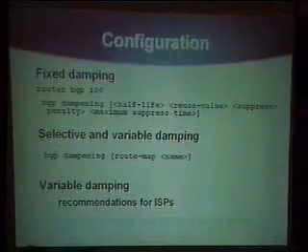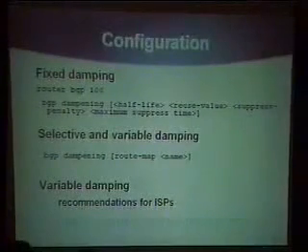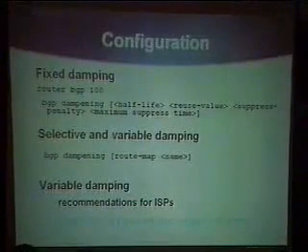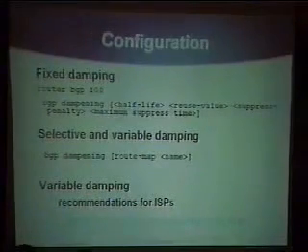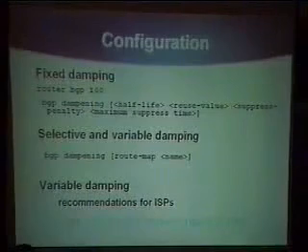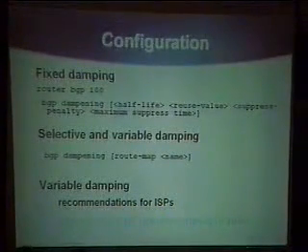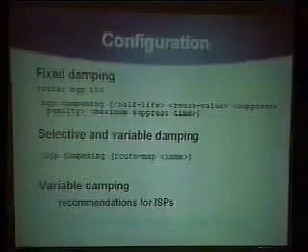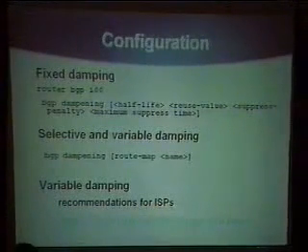The RIPE 210 values allow 3 flaps and then suppression. And it's more aggressive for /24 flapping, which are 60 minutes suppressed, versus /22s and /23s, which are 45 minutes, and everything else, which is 30 minutes. Best to read the document for the actual numbers. So the RIPE 210 values are a lot less aggressive than the defaults. So if you're using the defaults at the moment, you might want to consider using these instead.